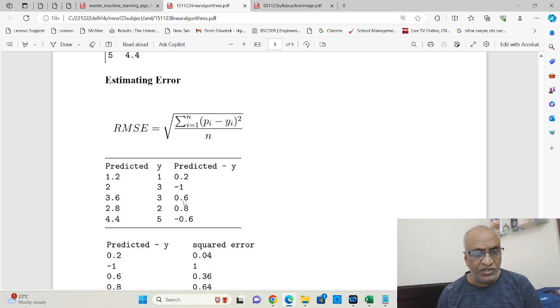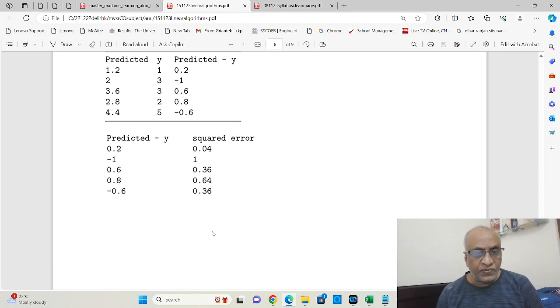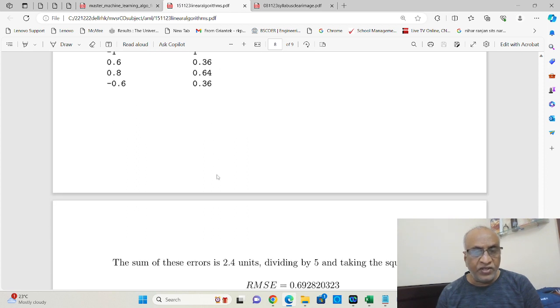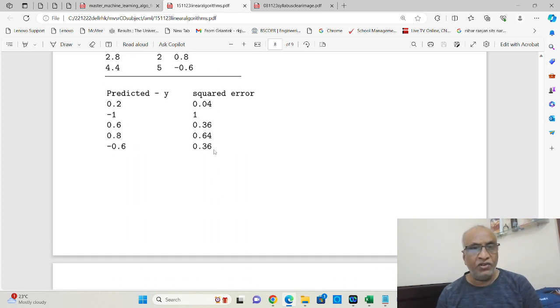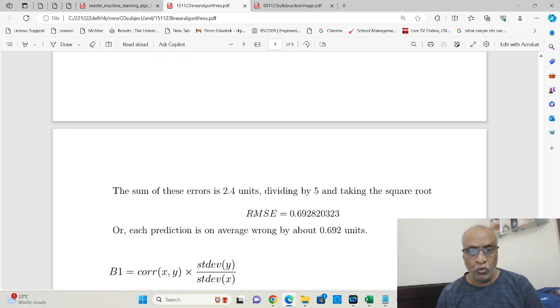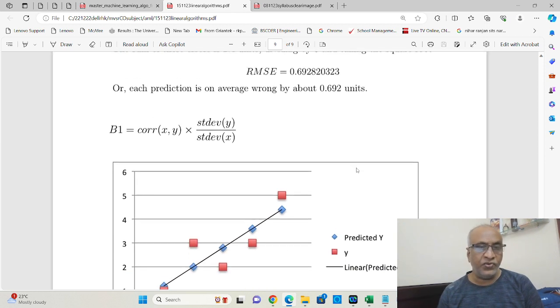Predicted minus actual will be this much. Now the square of that will be this much. We'll be taking the sum of all of them, that comes to 2.4, and we'll be dividing it by n. The value of n will be 5. So 2.4 divided by 5, and the root gives us about 0.692. It means every prediction of y is wrong by about 0.692 units.